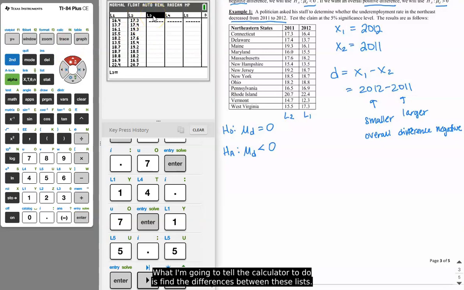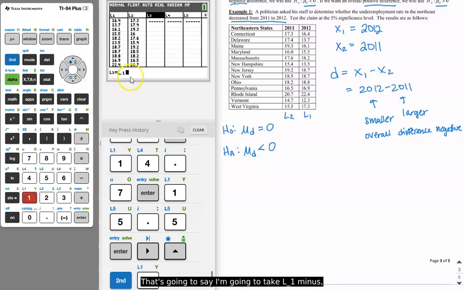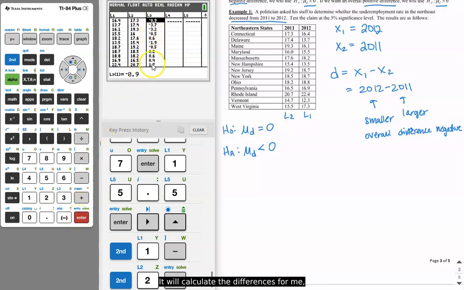I'm going to tell the calculator to find the differences between these lists. So I'm going to hit second and number 1, that's L1, minus, second and number 2, that's L2. And if I hit enter, it will calculate the differences for me.